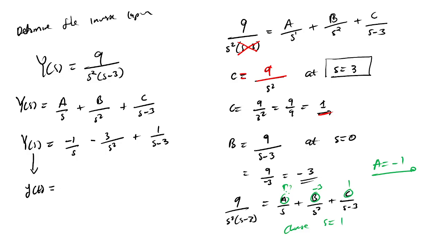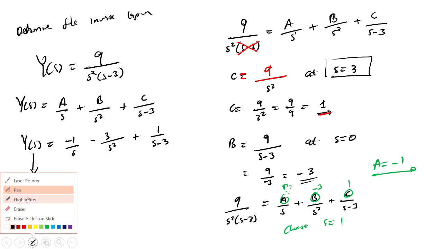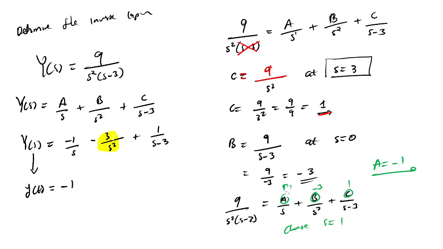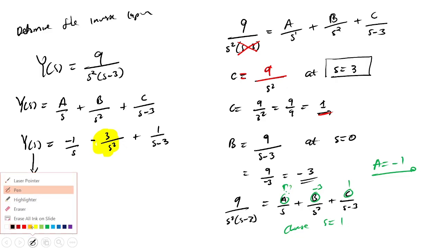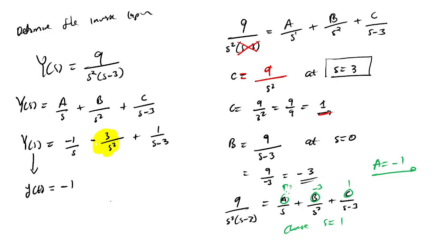I'm going to pick this one first. The inverse of a constant over s is going to be that constant, -1. Now this is your turn. You need to identify which rule we are going to apply here. It's rule 2, sir.